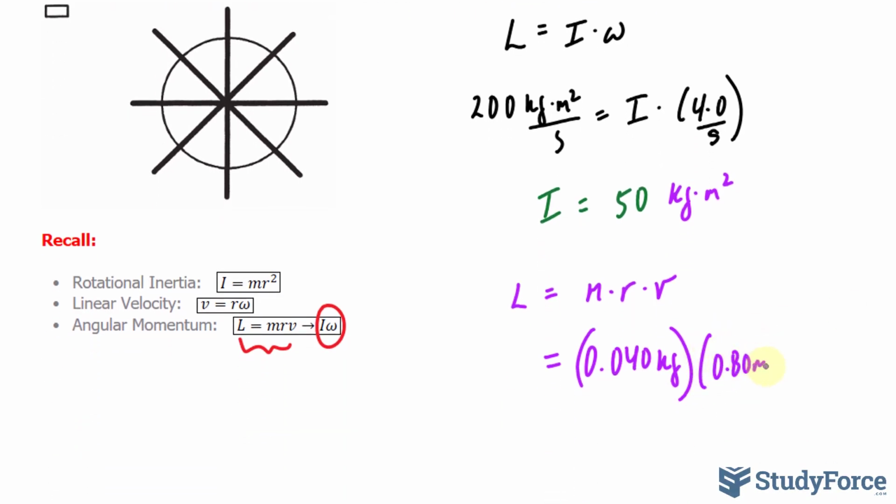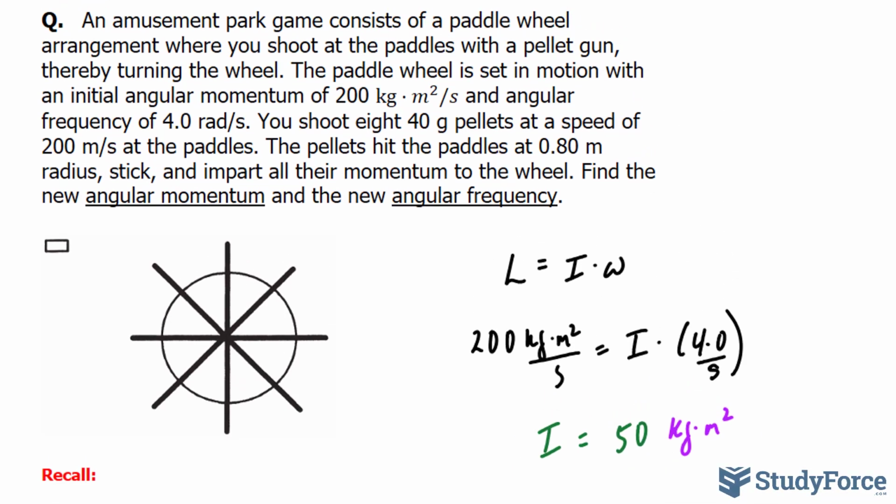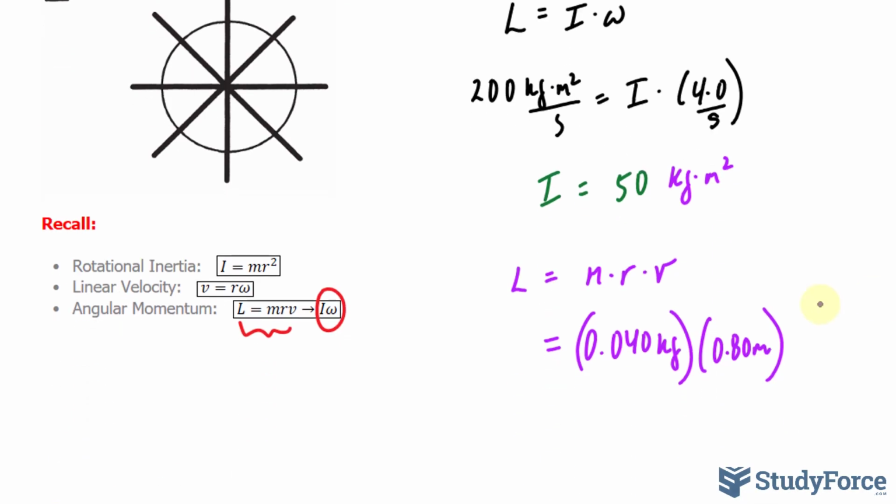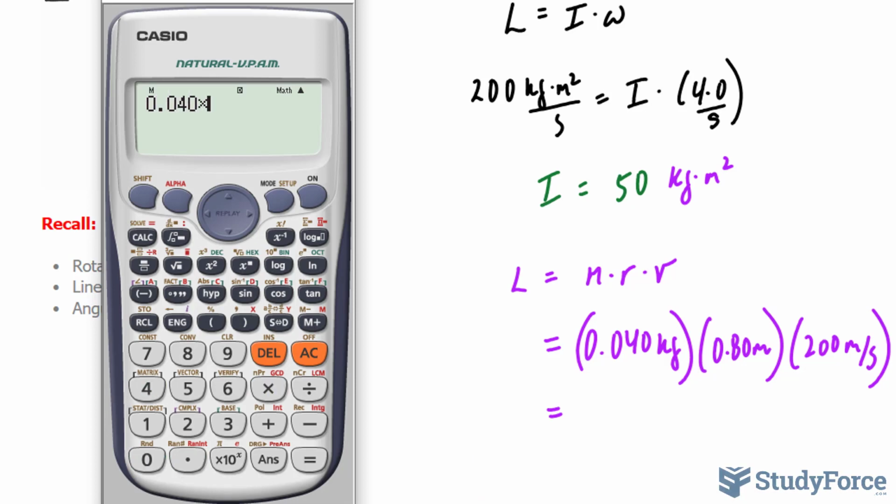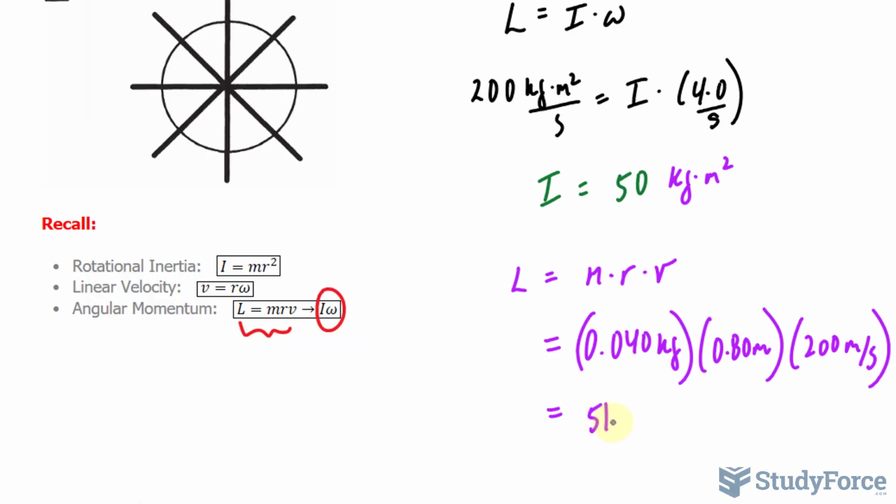That's the correct units. And the speed, we were told, is 200 meters per second. That's fast. Now, because it's 8 pellets hitting the paddle, we have to multiply whatever we get here by a factor of 8. So 0.040 times 0.80 times 200 gives us this value. We multiply that by 8, and we end up with 51.2. And the units should be kilograms times meters squared per second, as you would expect for angular momentum, as we had up here.